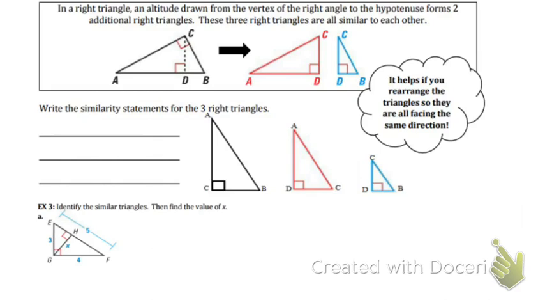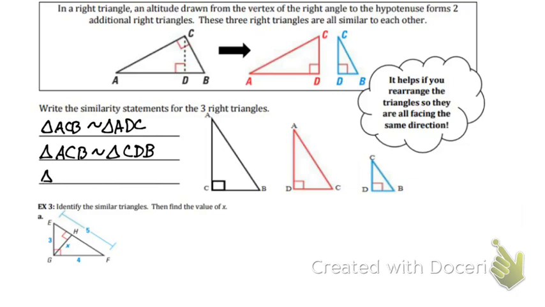When we first learned about this, I always told you with similar triangles, write them the exact same way. Write them with your 90 degree in the exact same place. So this works really well for similar triangles. In this case, 3 statements we can write based upon these triangles is that triangle ACB is similar to triangle ADC. We also know that triangle ACB is similar to that last triangle, which is triangle CDB.